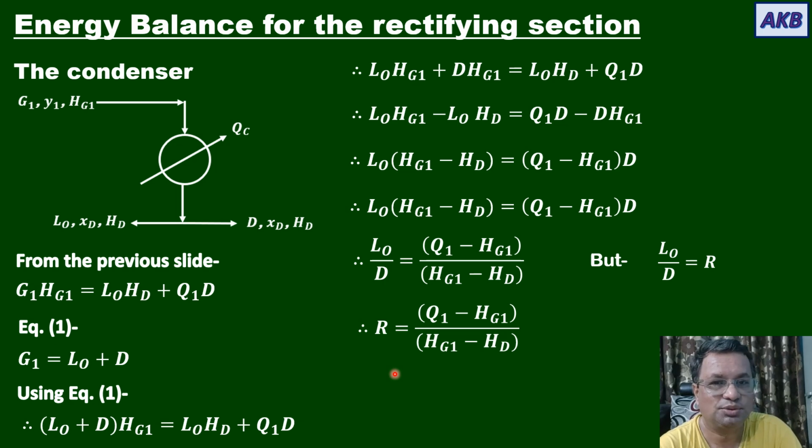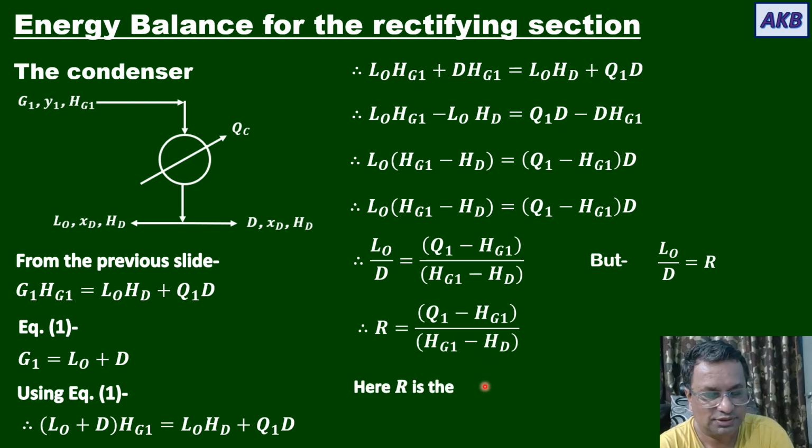Okay. So in my earlier video, enthalpy concentration diagram, distillation part 17, I have discussed the enthalpy concentration diagram. With the help of the enthalpy concentration diagram, you can get the external reflux ratio by using this equation, Q1 minus Hg1 divided by Hg1 minus Hd.